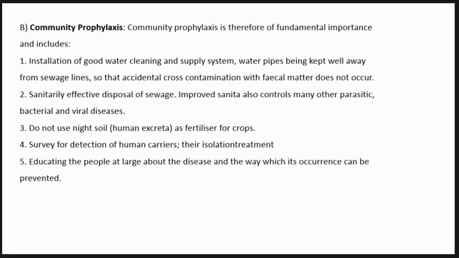So improvement of all these basic sanitation facilities will also stop the disease. Do not use human excreta directly as a fertilizer for crops, and educating people about it is very important. So this is all about community prophylaxis.